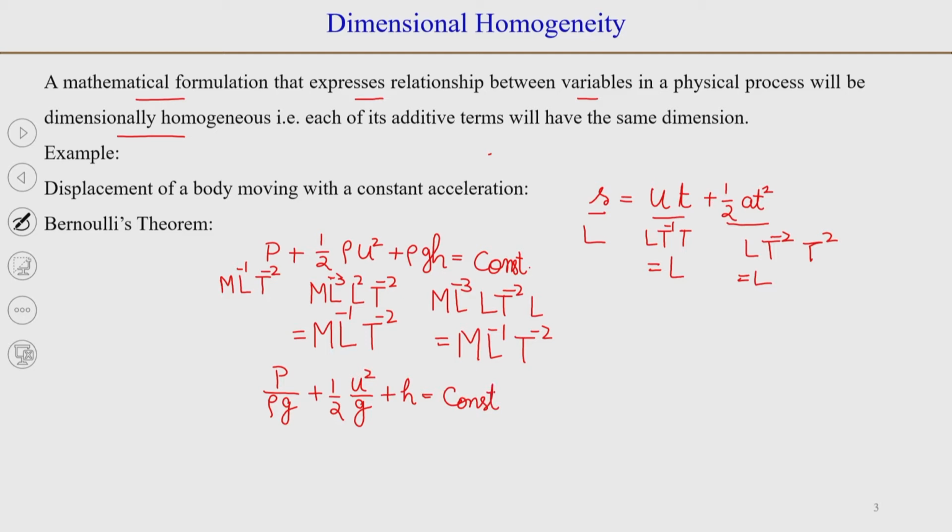Again, you will see here that the unit for all the terms is L, or the dimension for all the terms is L. The unit can be meter, centimeter or mm depending on what system you are considering. So, the idea behind the principle of dimensional homogeneity is that the dimensions of all the terms that you add in an equation are going to be the same.